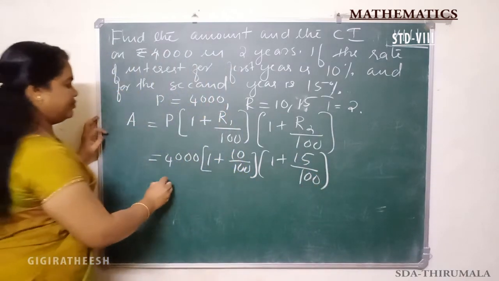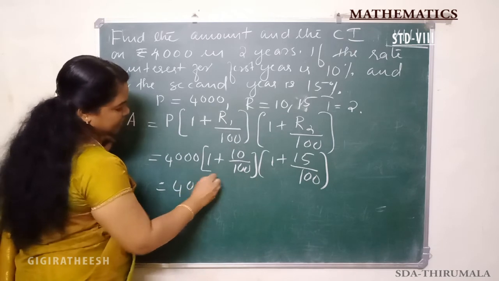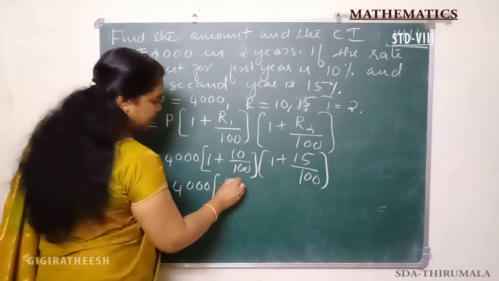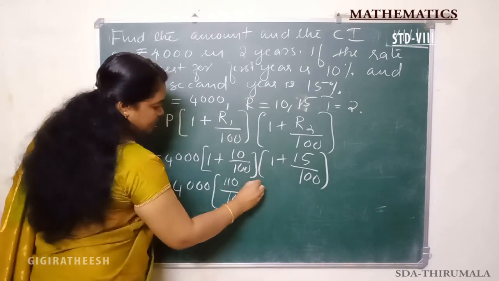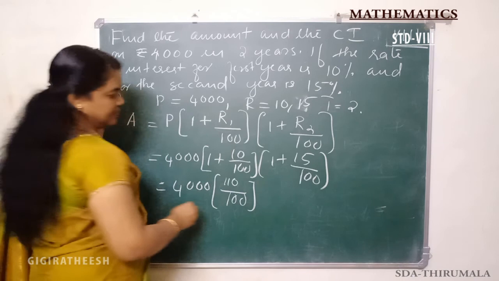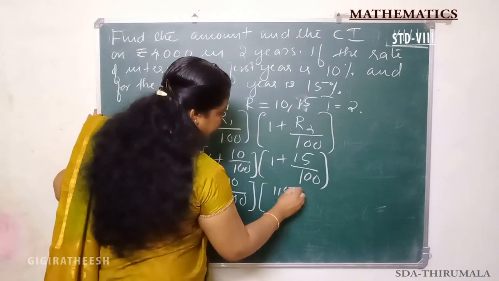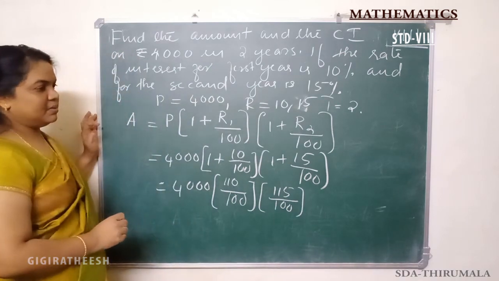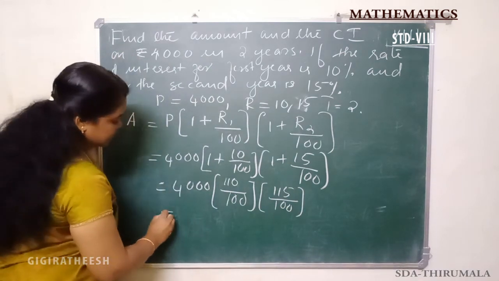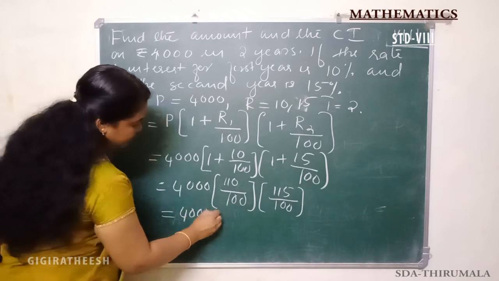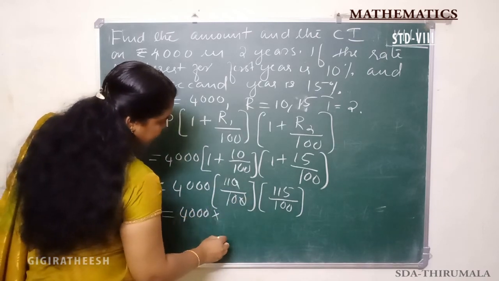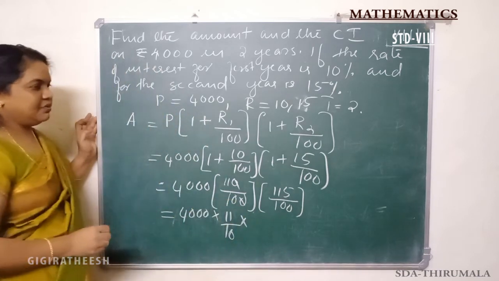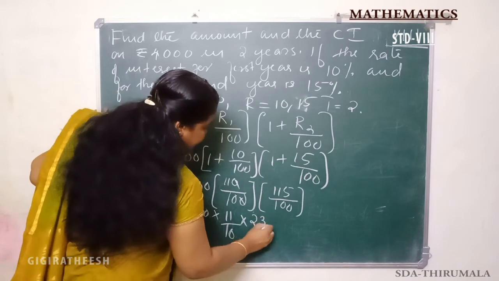That is 4,000 into 110 by 100 into 115 by 100, taking the LCM. That gives 4,000 into 11 by 10 into 23 by 20.